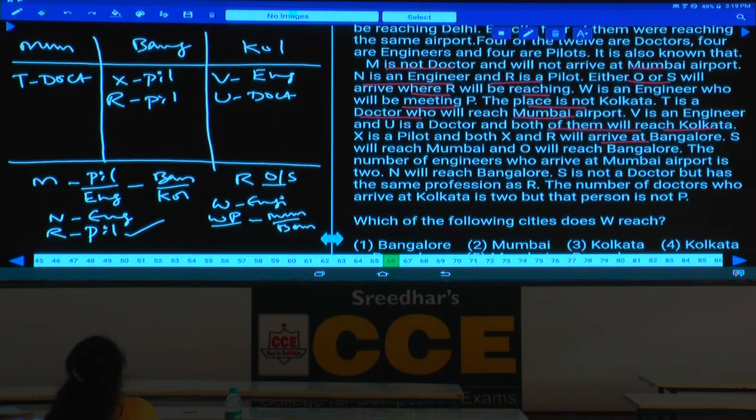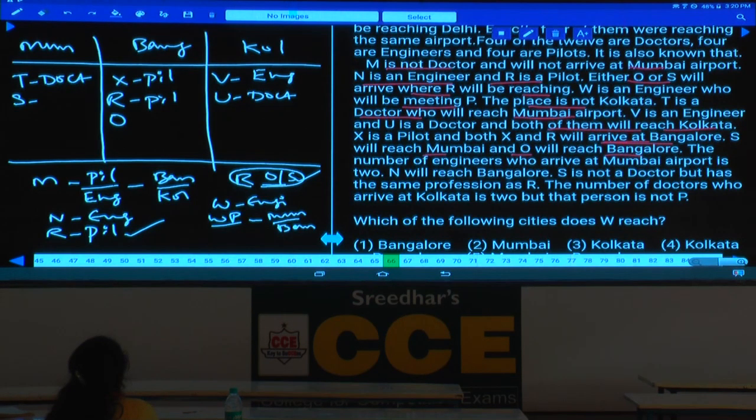S will reach Mumbai and O will reach Bangalore. As O is reaching Bangalore along with R, R meets either O or S, and here R is meeting O. We have taken this information as well.